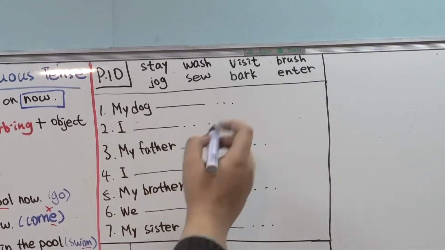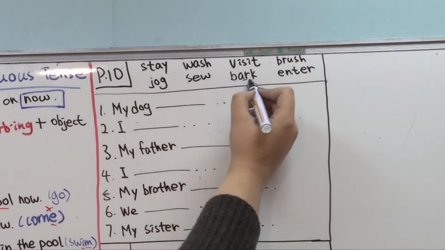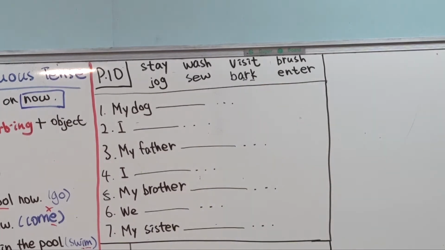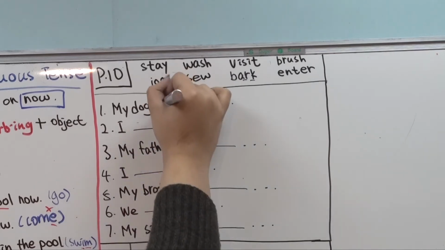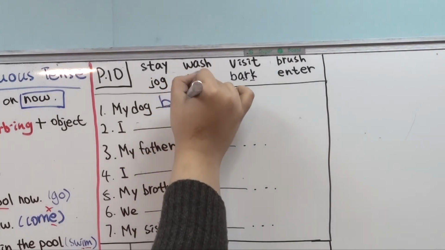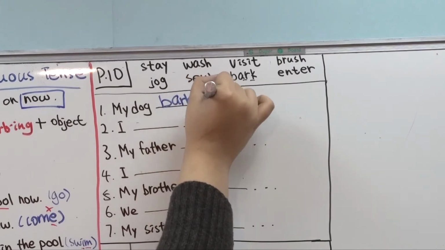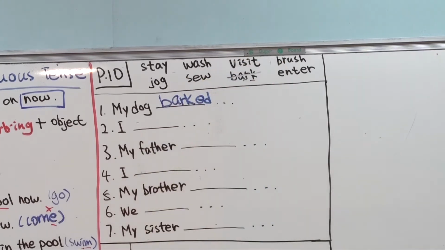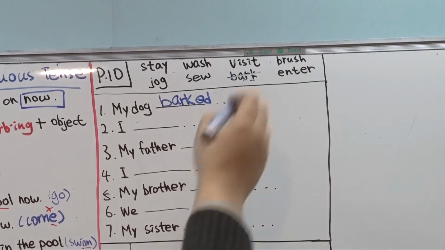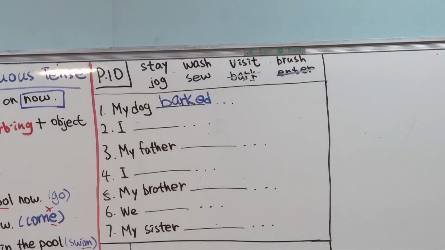It is here, right? B-A-R-K. R and K are consonants. So, we normally just add ed. Bark becomes barked. In the example, we have already used entered, right? So, cross it out. No problem.